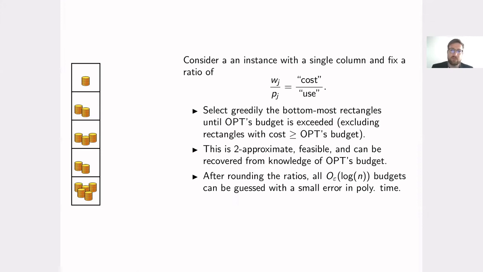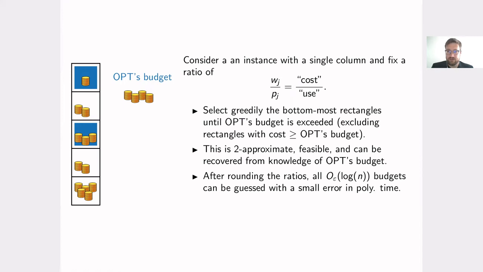You can think of wj as the cost of the square and pj as its use, in the sense of how much it covers for the coverage constraints. In this picture on the left, the gold coins depict the cost of each rectangle. So if this is, for example, the optimal solution, then opt's budget is 4.